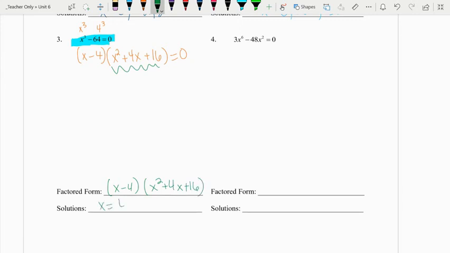Solutions, obviously the first one is 4. The second one, you have to use quadratic formula. This should be negative b plus or minus the square root of b squared minus 4ac, all over 2a.